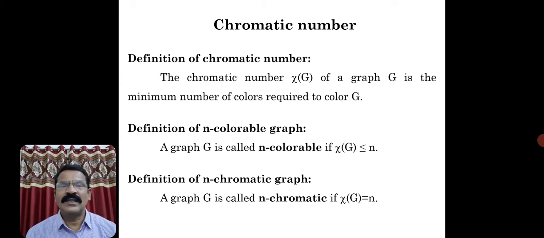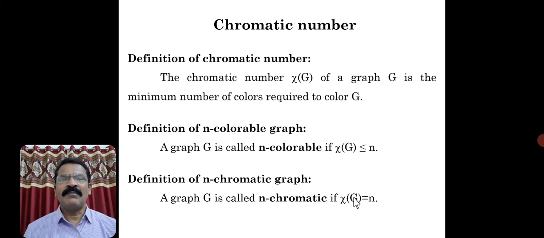If the chromatic number of that graph is 2, then it is called a 2 chromatic graph. A 2 chromatic graph is also called bichromatic. So you can remember this word. If the chromatic number of a graph is n, then it is called an n chromatic graph.